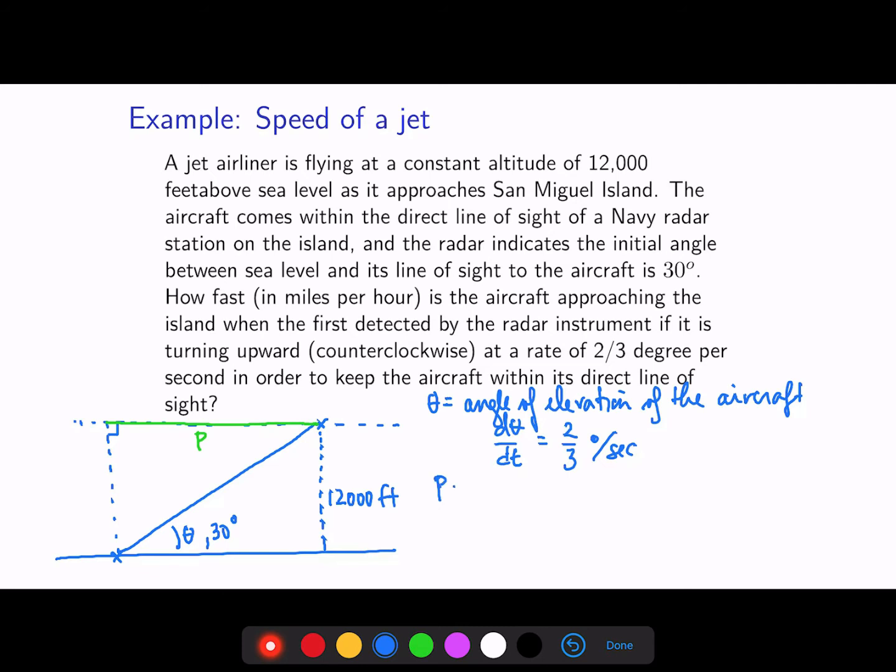So that's my second variable, P, the horizontal distance between the plane and the radar station. And we want to know the speed of the plane in miles per hour, so I'm going to measure this distance in miles.